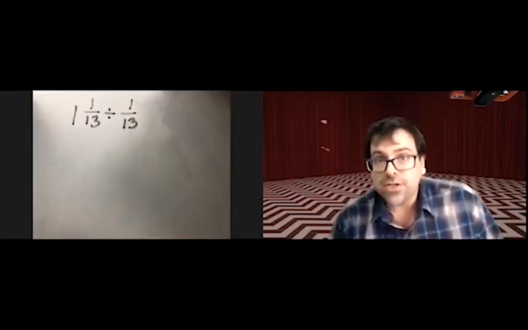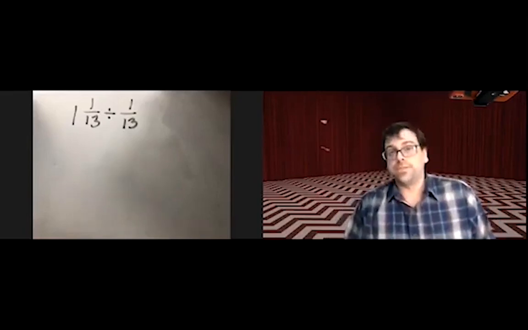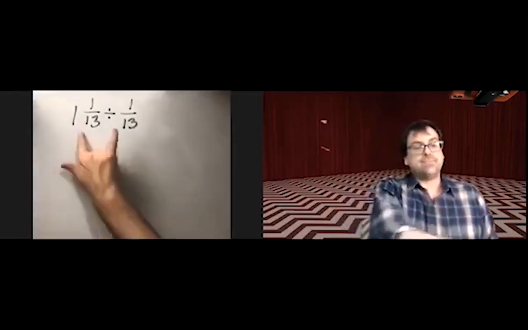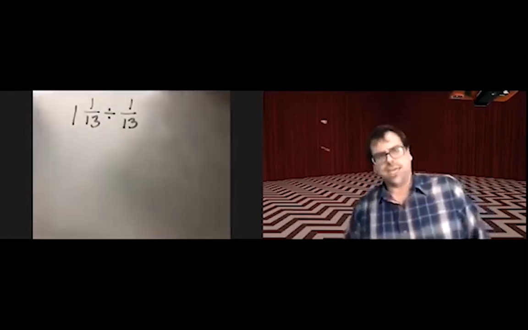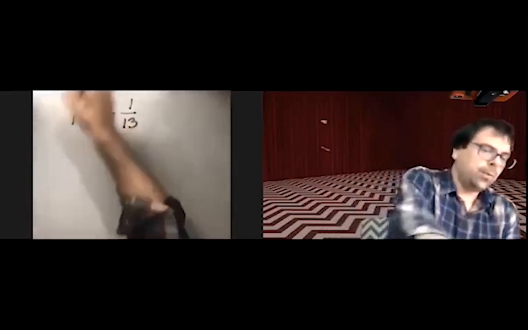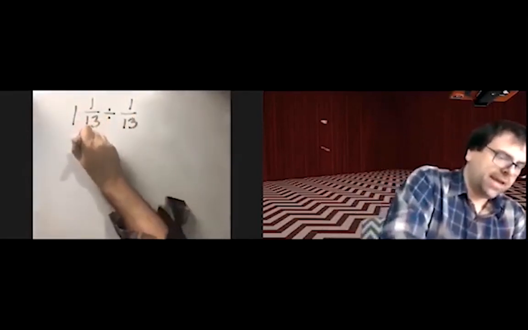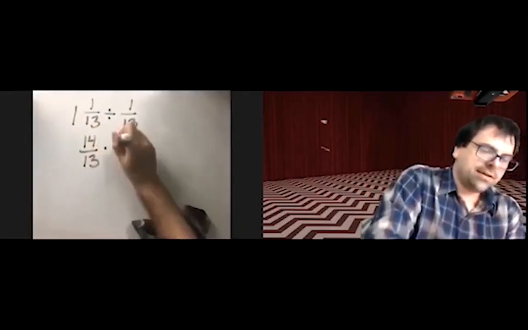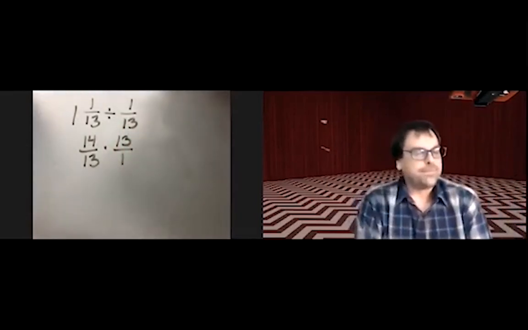Just like multiplication, mixed number division problems need to go through improper fraction form. So when we see the mixed number, even before we change it to multiplication, we need to make this 13 times 1 is 13 plus 1 makes 14 thirteenths times 13 over 1.